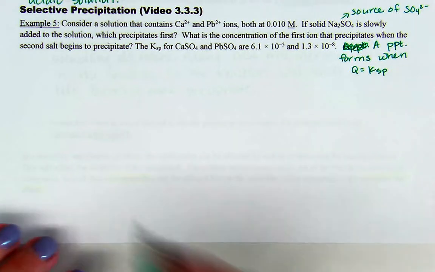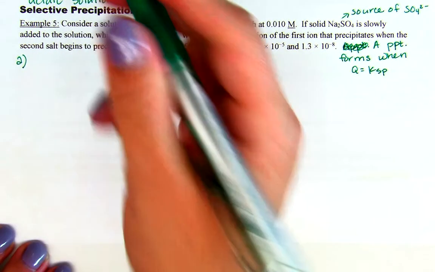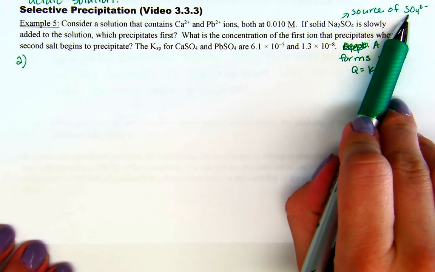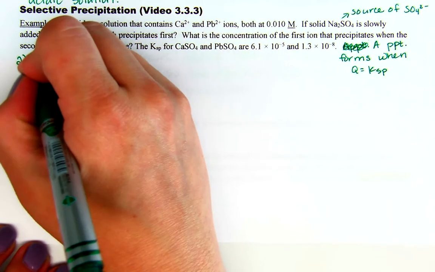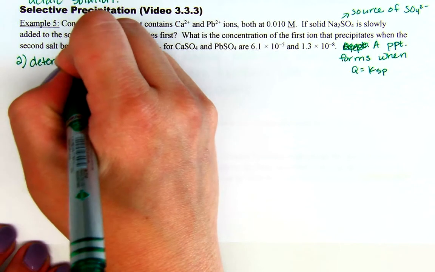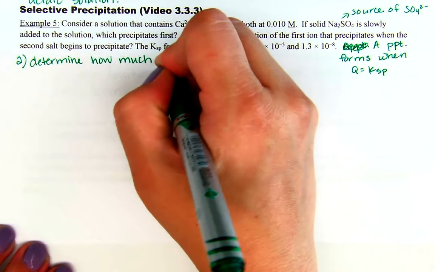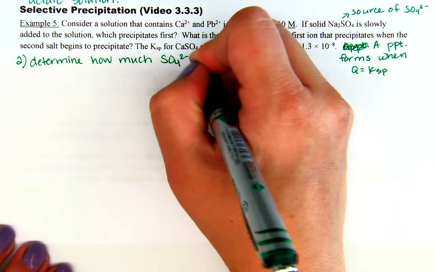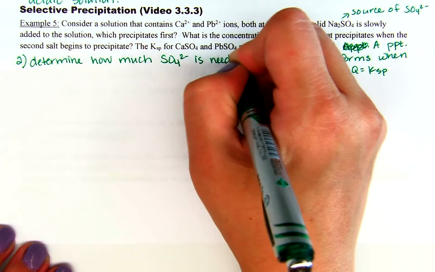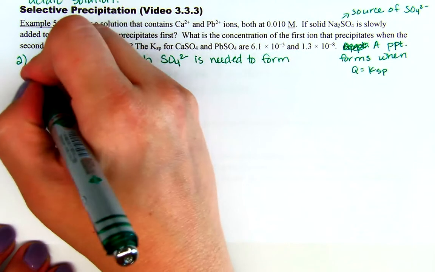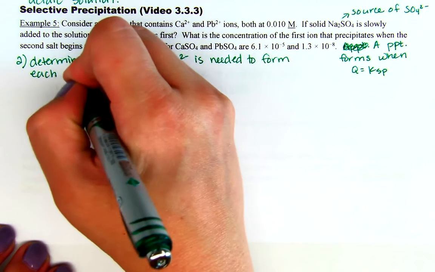Okay, so part A. First we need to determine how much sulfate we need to form each individual precipitate. So determine how much sulfate is needed to form each precipitate.